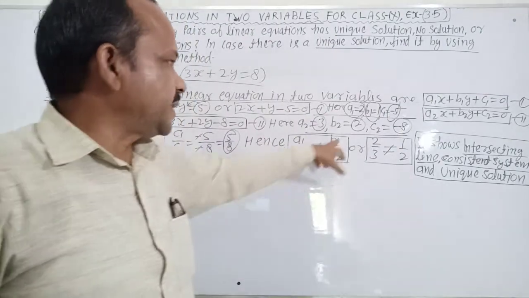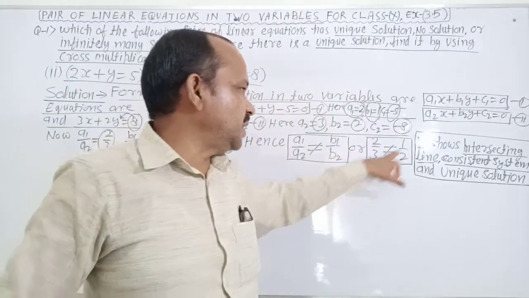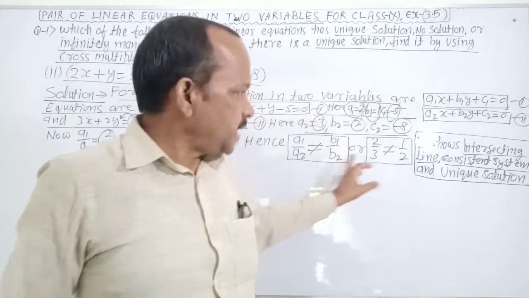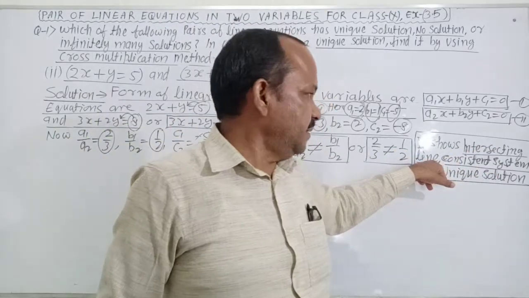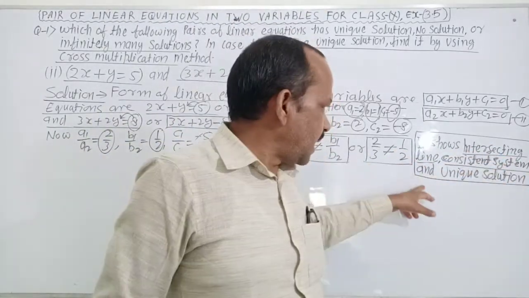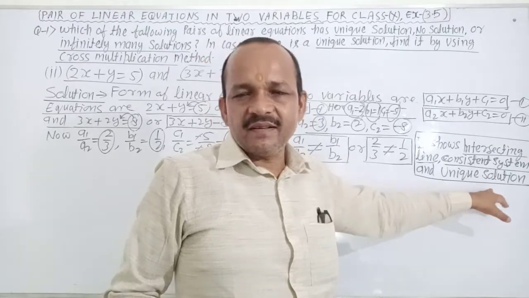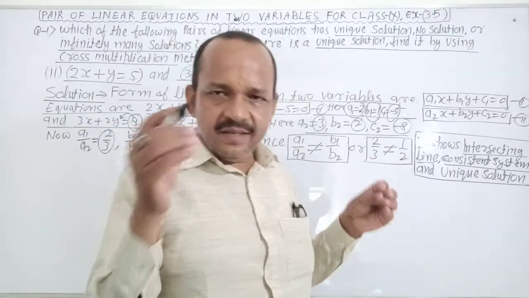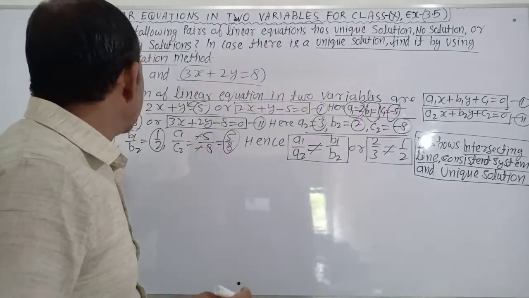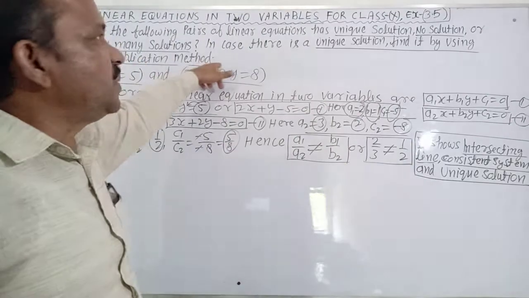a1 by a2 not equal to b1 by b2. 2 by 3 not equal to 1 by 2. It shows intersecting line, consistent system and unique solution. Here solution is unique. Hence you solve it by cross multiplication method.